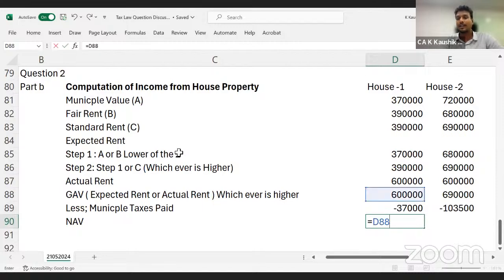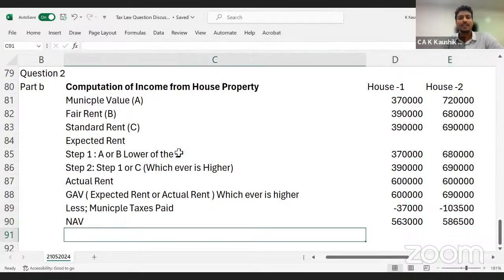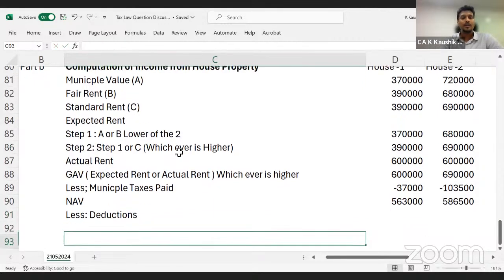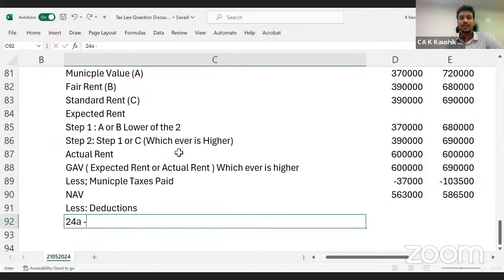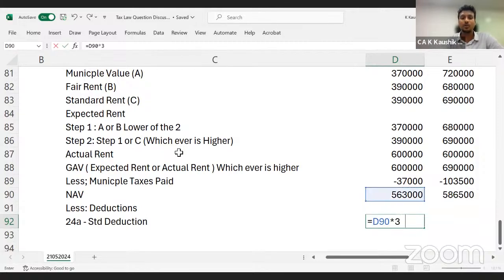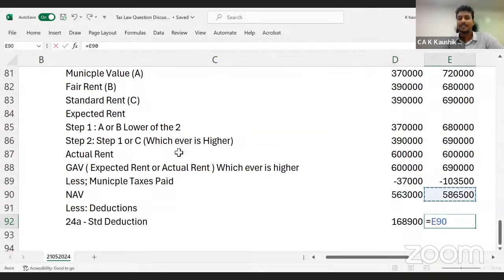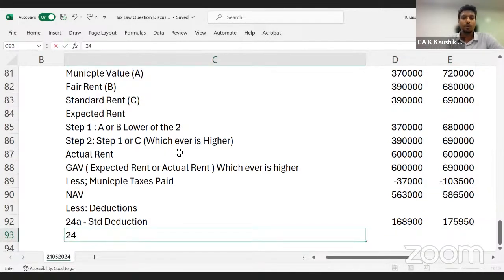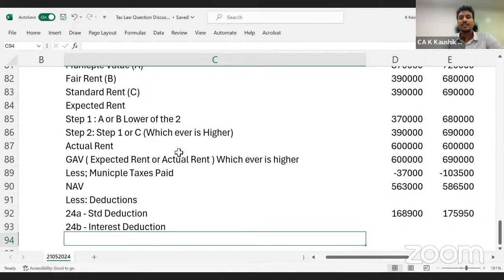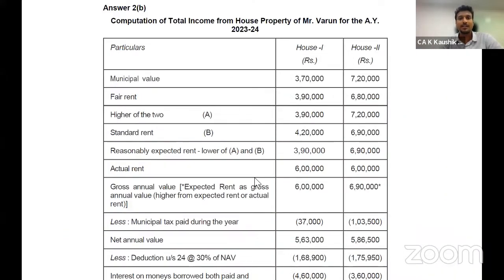So very quickly, I will do the calculation of deductions. Less deductions: 24A standard deduction, 30%, 5,63,000 into 30%, and 5,86,500 into 30%. Then we have 24B, that is interest deduction. What is the interest deduction? Both paid and unpaid, both will be considered.